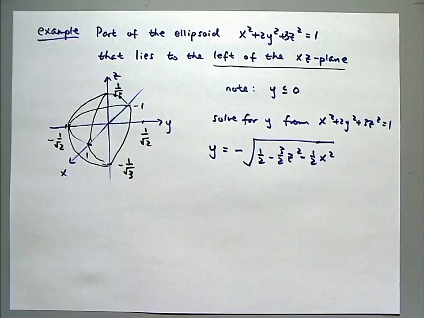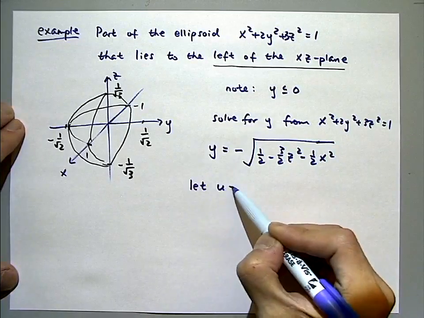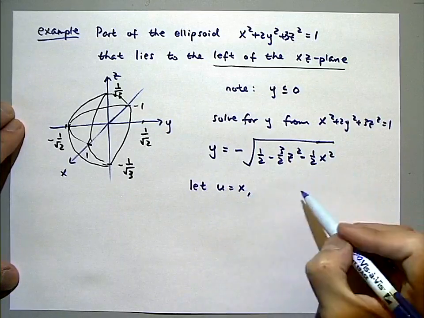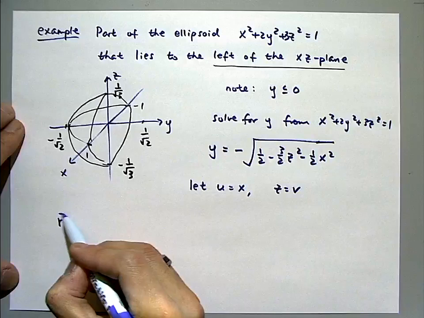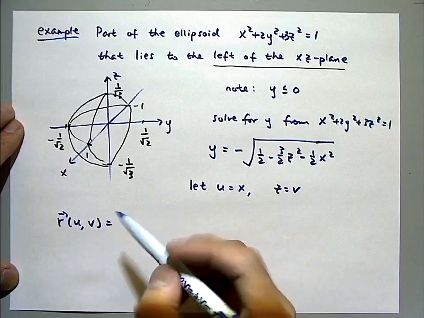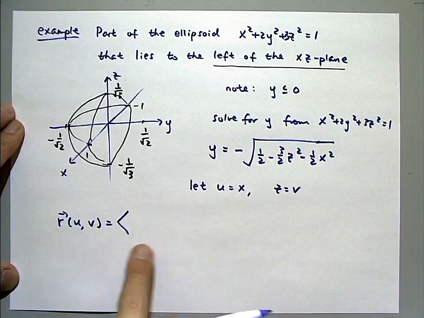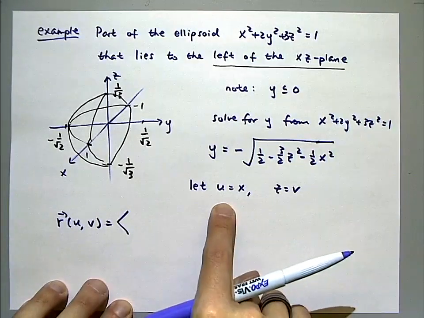And here we can stick with Cartesian. So arbitrarily, let's let u be x. Arbitrarily, let's let z be v. So the parameterization could simply be r of uv is equal to the x component is x, which is simply u.